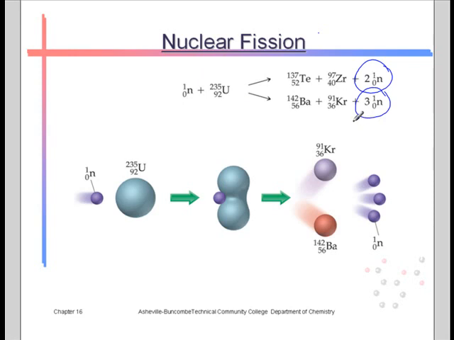But the main thing I want to talk about is the energy change that occurs, or the energy that's released during this kind of bombardment reaction. If you were to measure the mass of what you begin with and then the mass of what you end with, there's a mass difference.